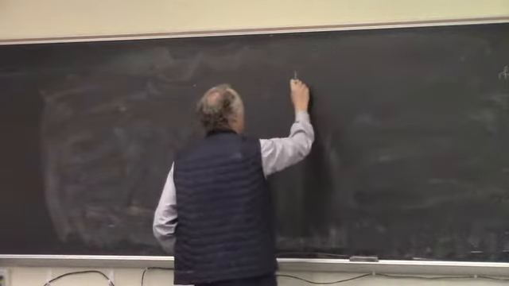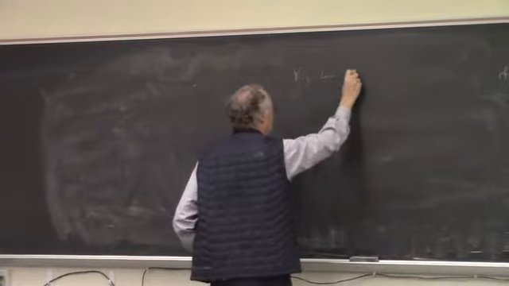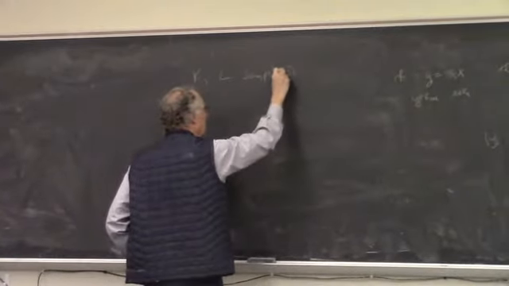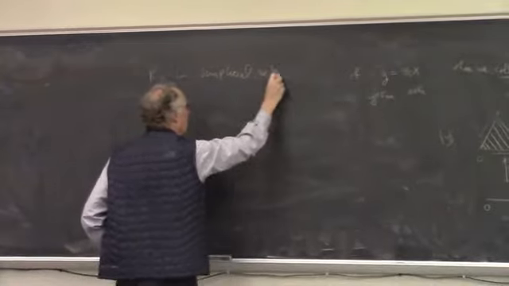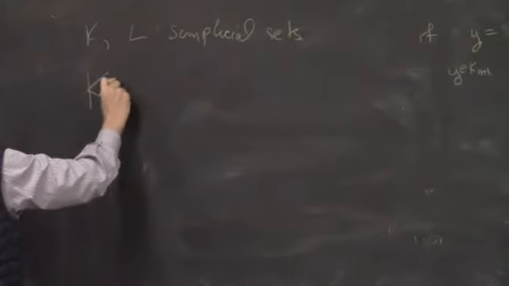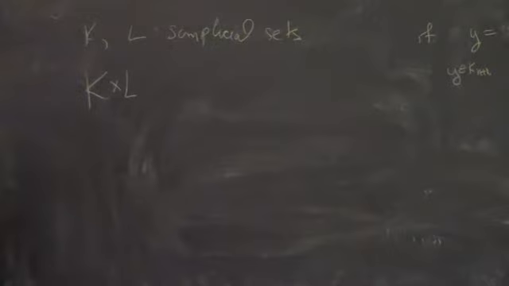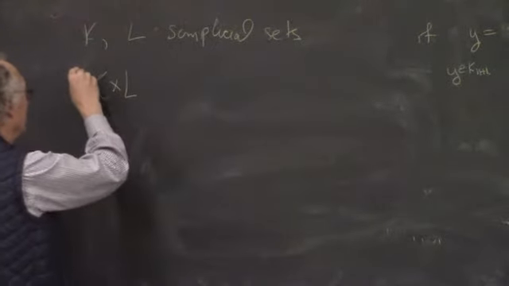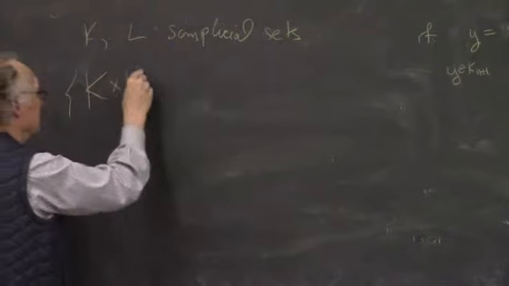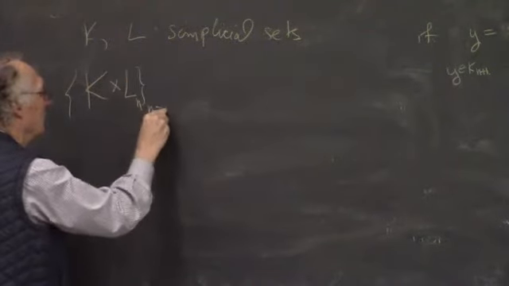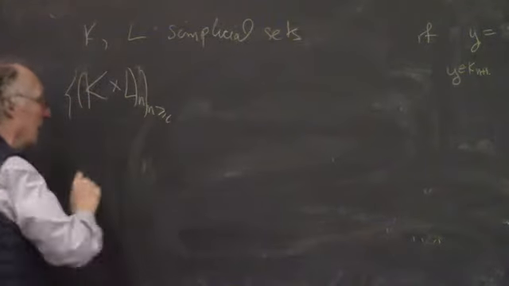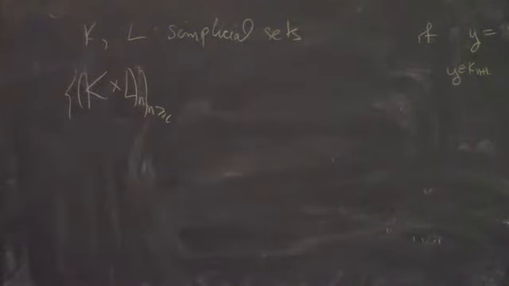So, K and L are simplicial sets. We define the product, K cross L. Well, I need a collection of sets, and some boundary and degeneracy maps.